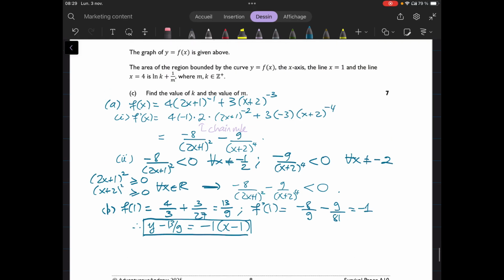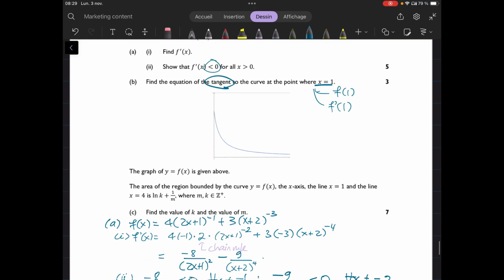Part C. You're given the graph of y equals f of x, and you're given that the area of the region bounded by the curve, the x-axis, the lines x equals 1 and x equals 4, is ln k plus 1 by m. So this area over here. The reason I decided to give this curve is to tell you that the function is strictly positive on this domain.